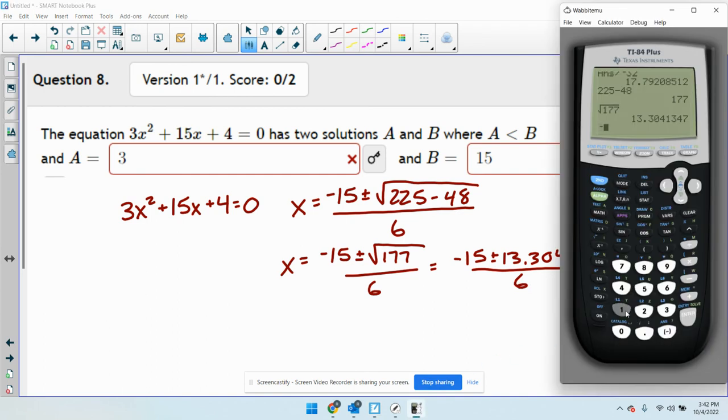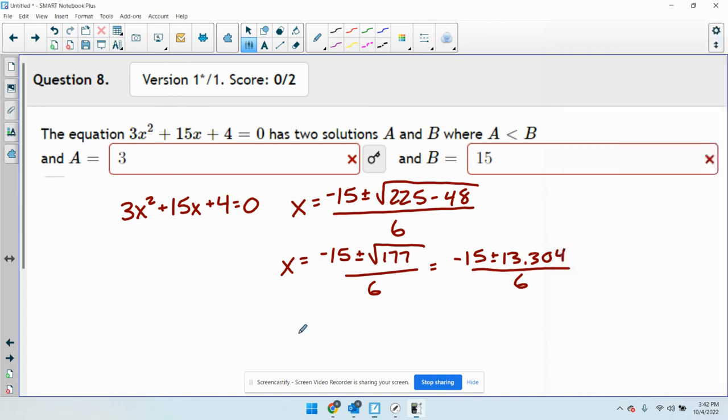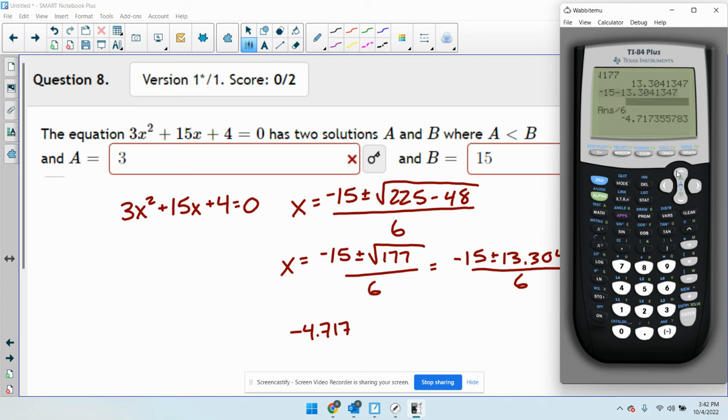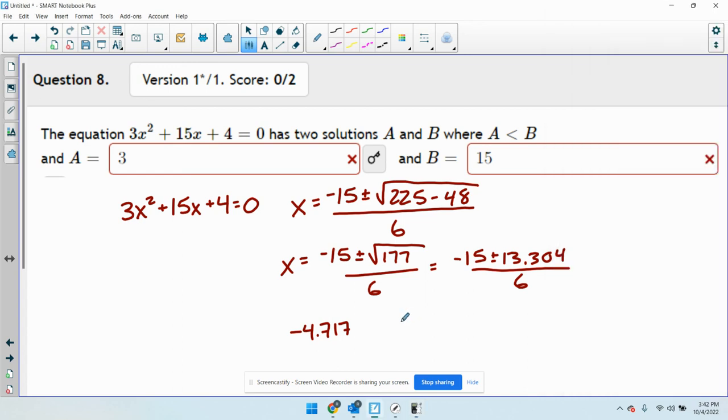So I'll do negative 15 minus that number divided by 6. So I get negative 4.717. And then I'll do negative 15 plus that number divided by 6, negative 0.283.